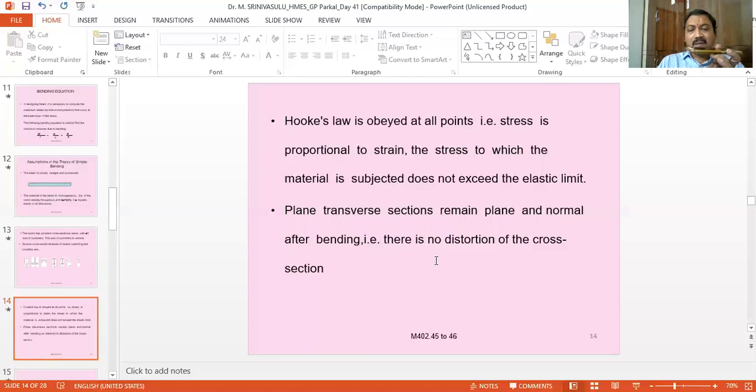So the section must be transverse even after bending. The plane sections which are transverse will remain plane and normal after bending. So there is no distortion of the cross section. The cross section should not change. Initially whatever the cross section of the beam is, the same should be there even after bending. That is the meaning.